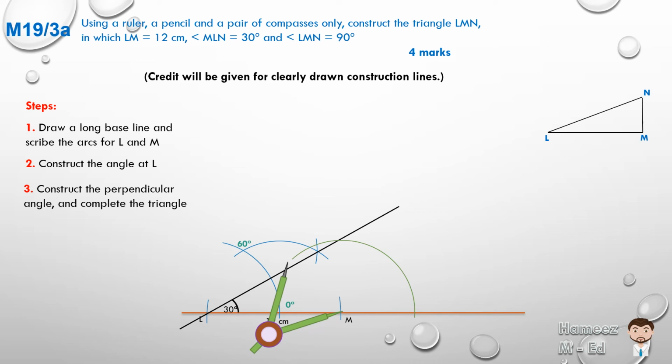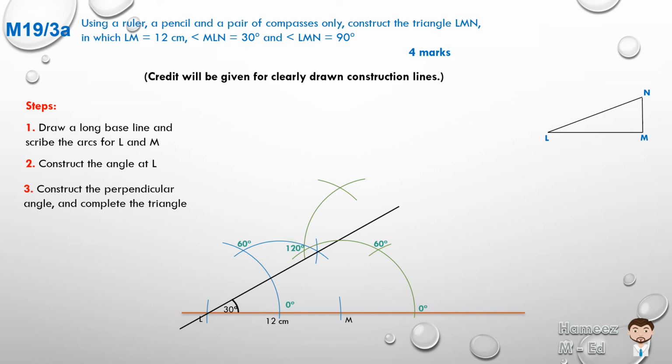And remember, to make a 90 degrees, as we checked earlier on, we needed a 60 and a 120. So we go to the right-hand side where we have a 0 degrees for our protractor, pretty much. And we scribe an arc, that'll give us 60. Now we're going to use the 60 to scribe another arc, which will give us 120. And we need to use the 120 to scribe an arc. Remember, 90 is halfway between 60 and 120.